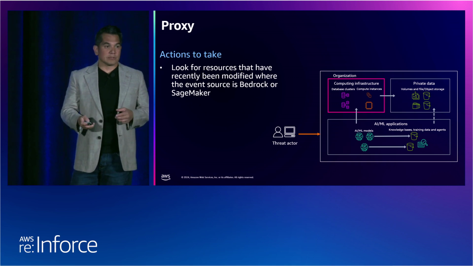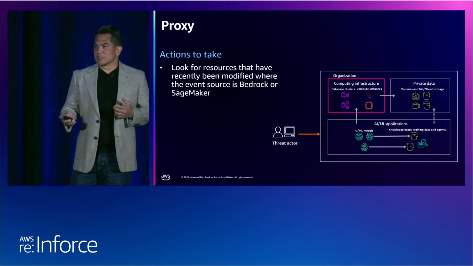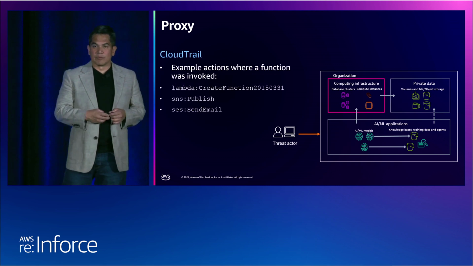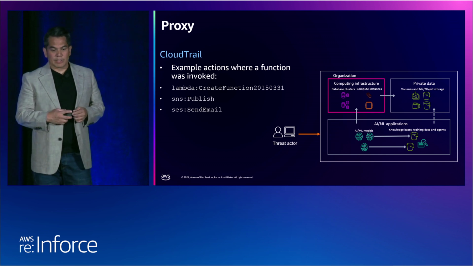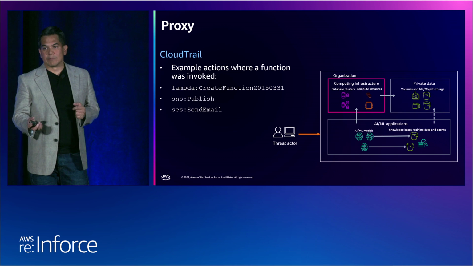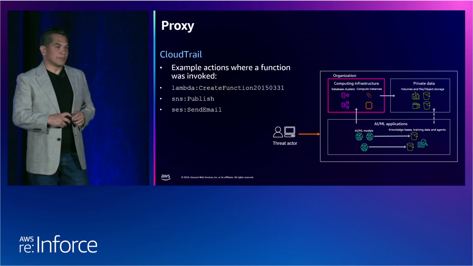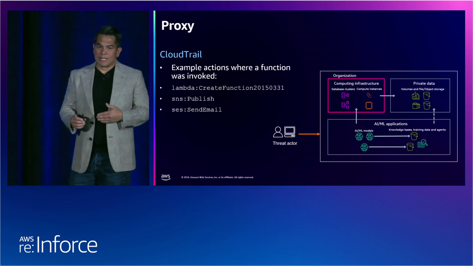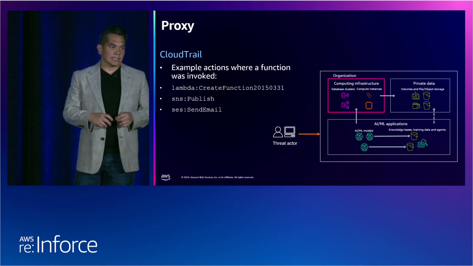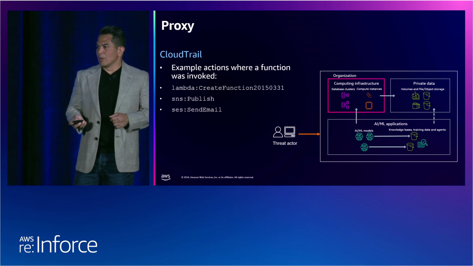You're now going to look for mutative events where the source is bedrock.amazonaws.com. An example of an event you would see would be something like Lambda create function, SNS publish, or SES email. Again, these are all example events because of the example incident. There may be others, but this is a way that you can use the methodology to conduct incident response on AI ML workloads.